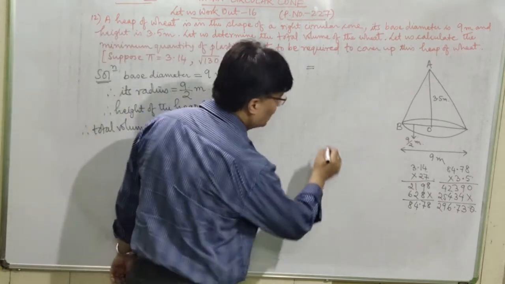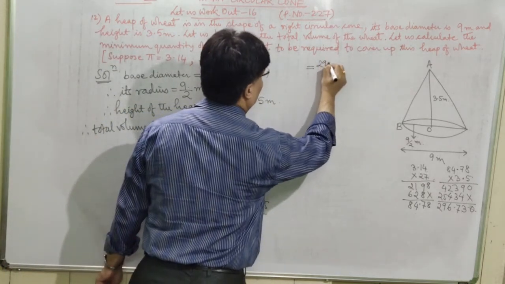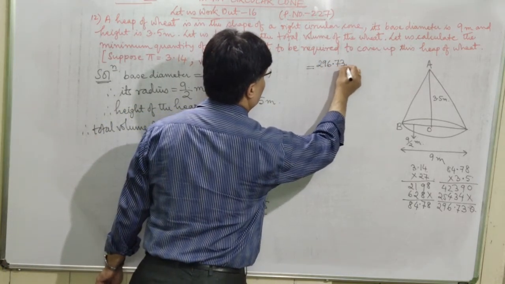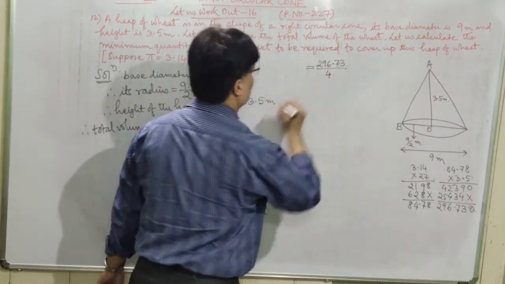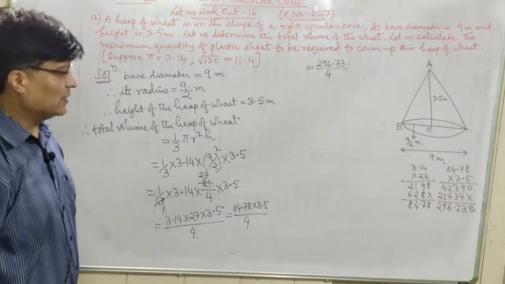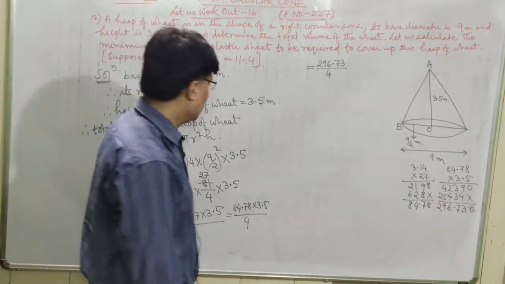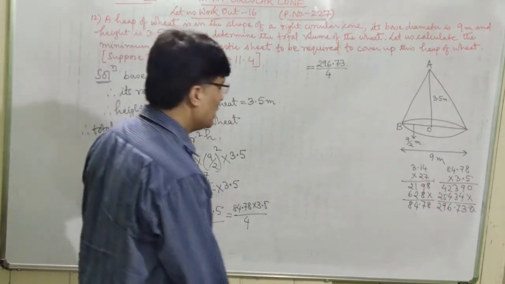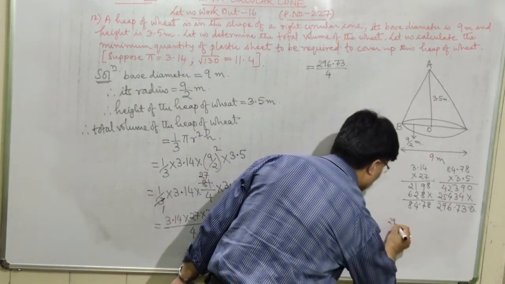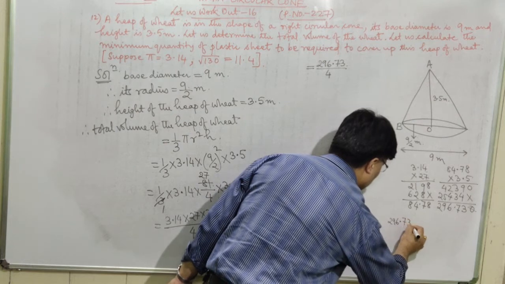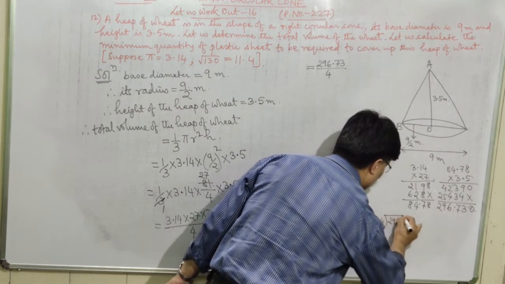It is 296.73. 296.73 divided by 4. So now let us divide it. Let us divide this 296.73 by 4.